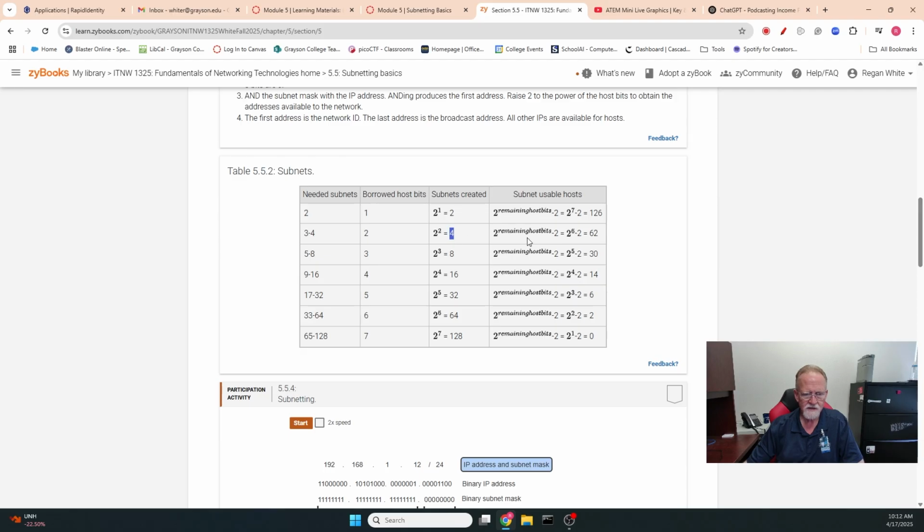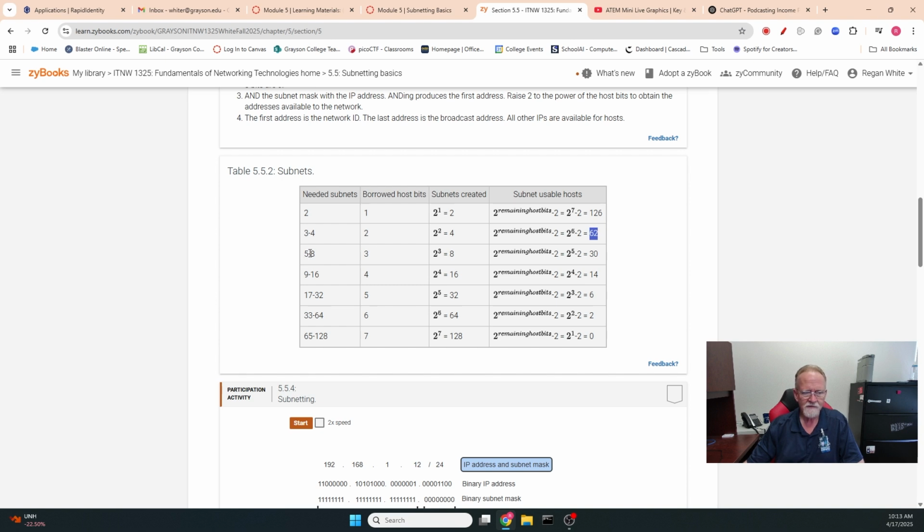Each one of those will contain 62 addresses. Now, actually, they would contain 64. 64 times 2 is 128, which is what we learned about up here. Unfortunately, you're going to lose those 2 addresses from each range, the broadcast and the network ID. So you're only going to get 62 usable addresses in the range.